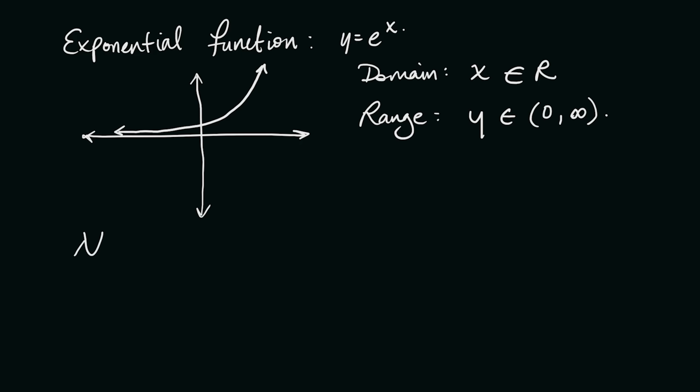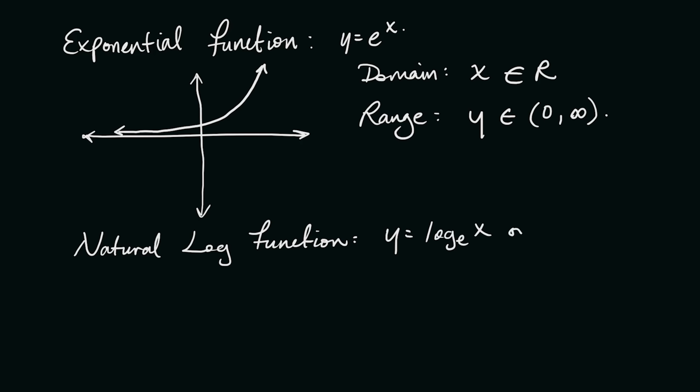Now we have the natural log function. This function is a little bit different. It could be y equals log base e of x, or it could be y equals ln of x.